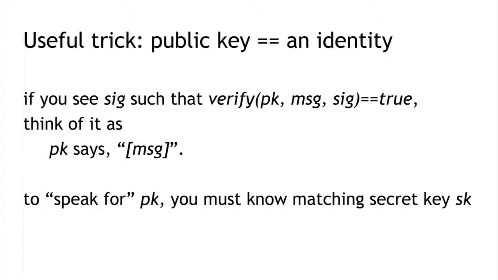You can literally think of a public key as kind of like an actor or a party in a system, and they can make statements by signing those statements. If you think in that mindset, then this public key is like an identity. It's an actor who can do stuff in the system. For someone to speak for PK, that is, to make statements that will be seen as coming out of PK's mouth, you have to know the matching secret key, SK.